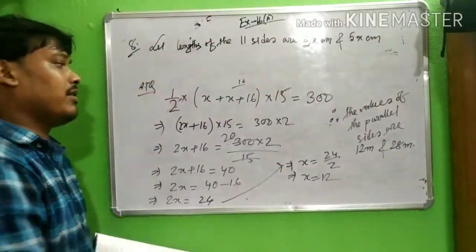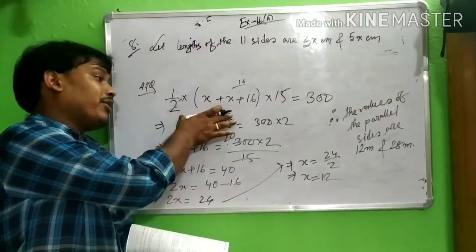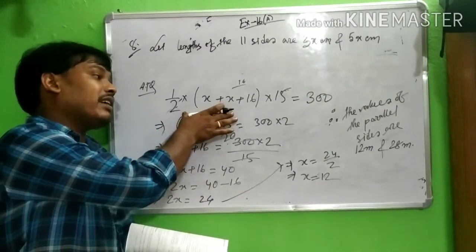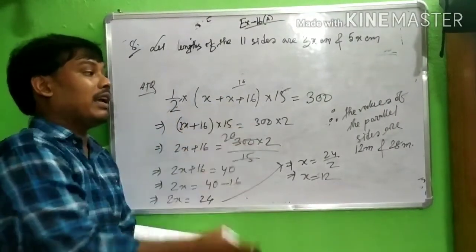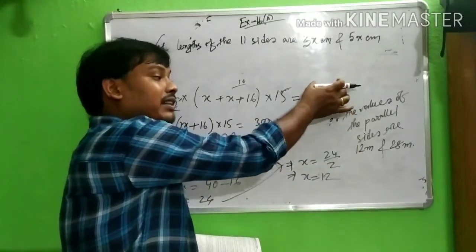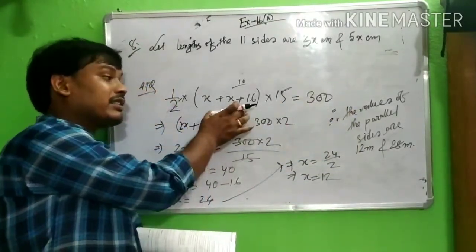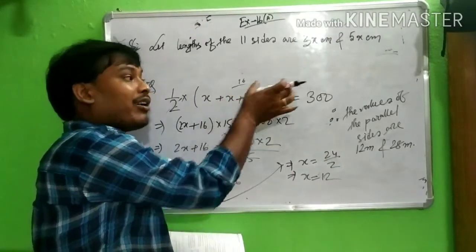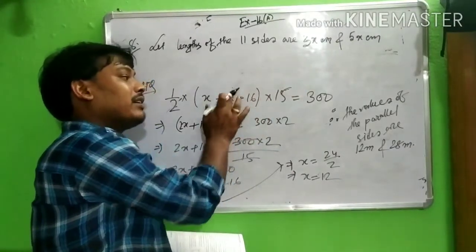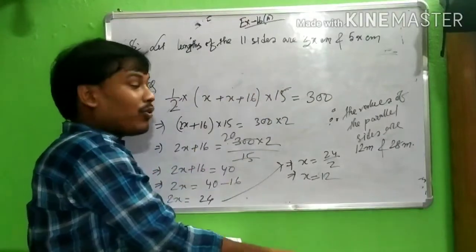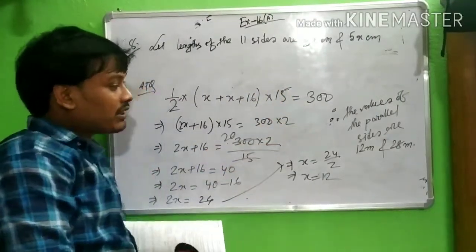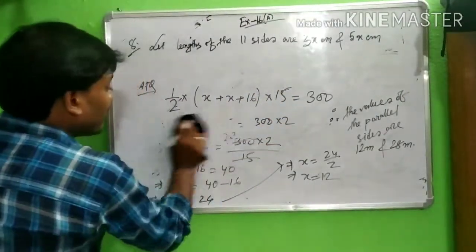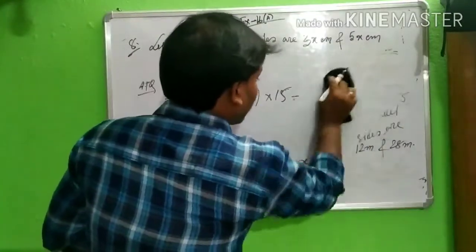Similarly, we find the area by using the formula, and another area is given in the book. Since these two values are the area of the trapezium, these two values are equal. By using this condition, we can find the value of x.